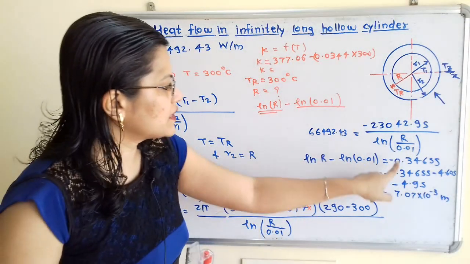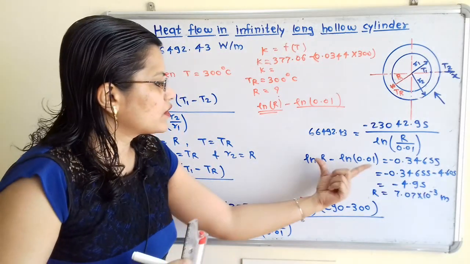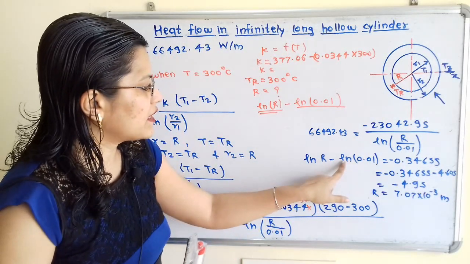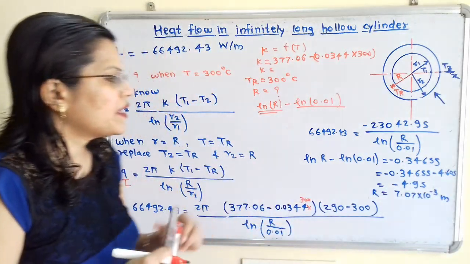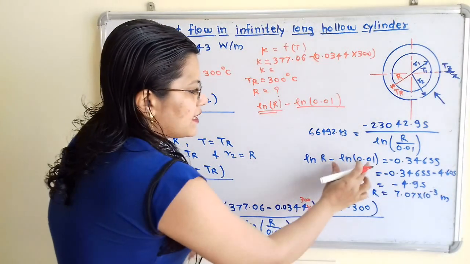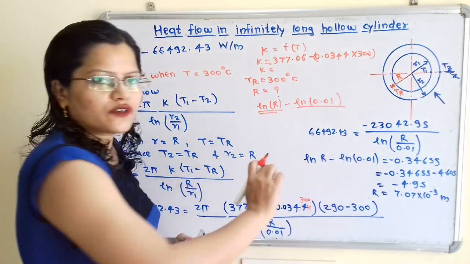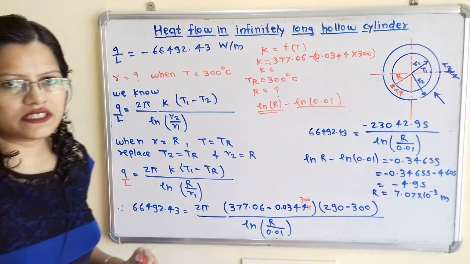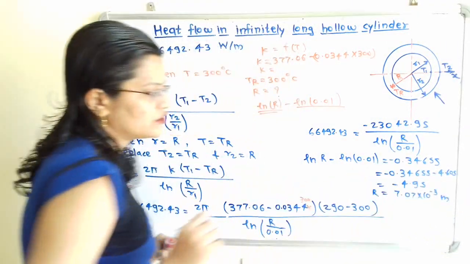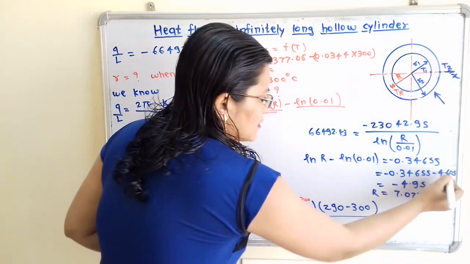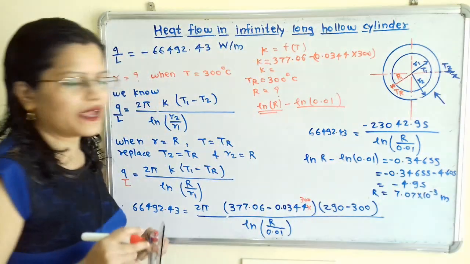When we solve this, we get minus 0.34655, and on the other side we calculate ln 0.01. The minus ln will become plus, but the answer of ln 0.01 on the calculator is minus 4.605. So here are two minus signs, and when we solve this, we get minus 4.95.